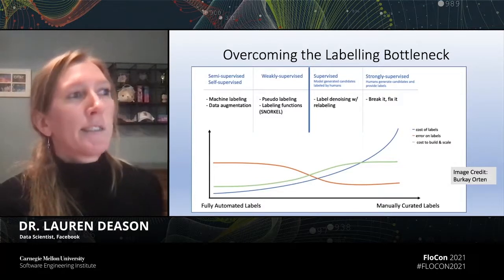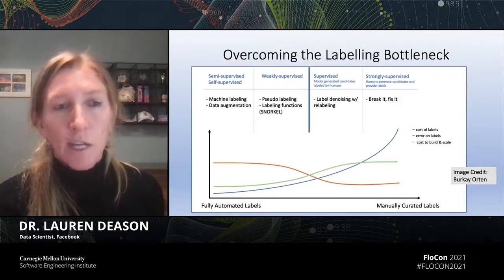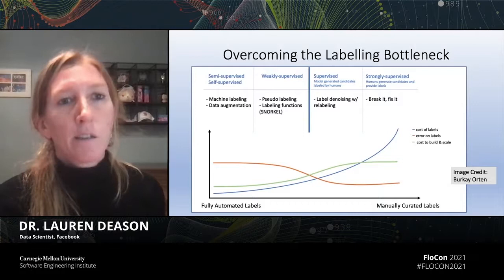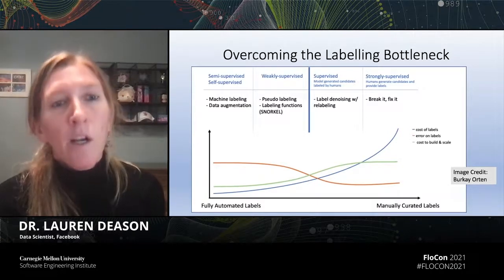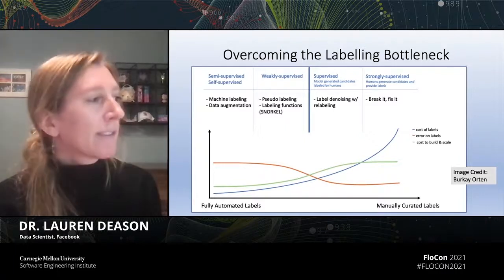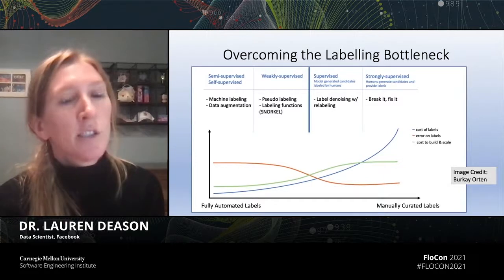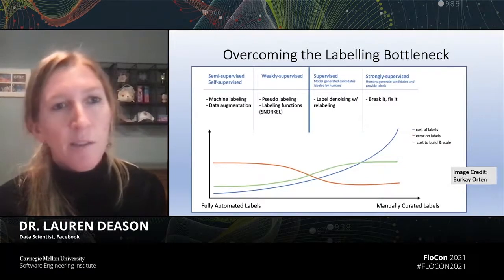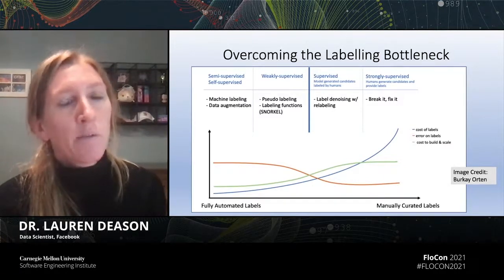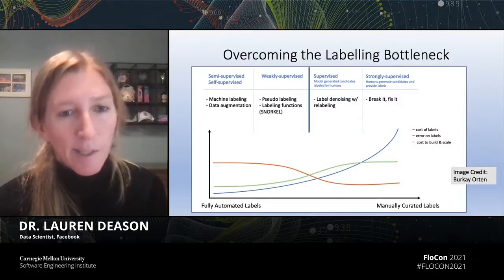So what this plot is trying to show is a range of strategies for getting a large volume of labeled data. On the left-hand side, or the leftmost part of the x-axis, is fully automated labels, where you have a way to just instruct a machine to ingest a bunch of unlabeled data and follow some logic to assign labels to them.